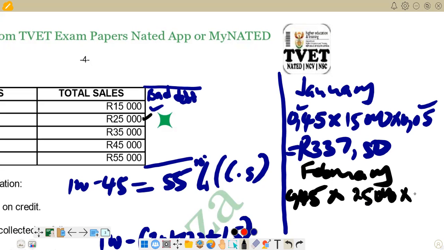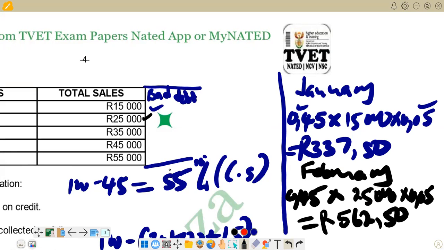Then also we multiply by 0.05 to get the component of bad debt. So when you multiply that one, you are supposed to get 562 rands 50. That's what we have on February.